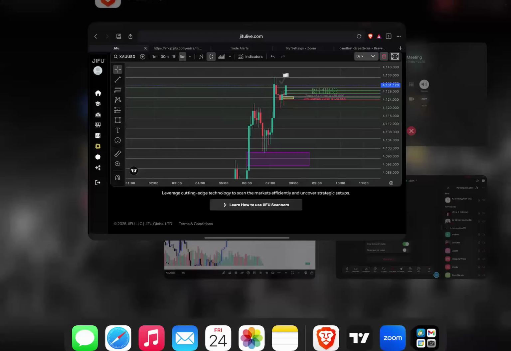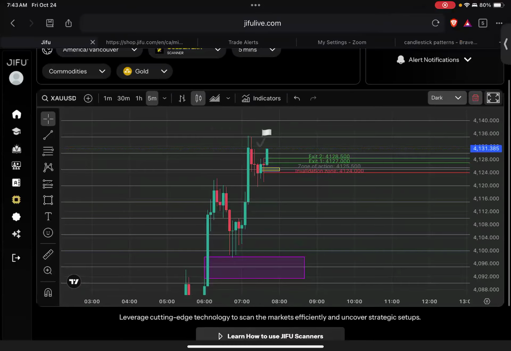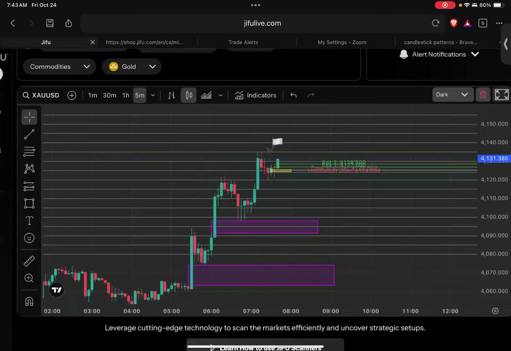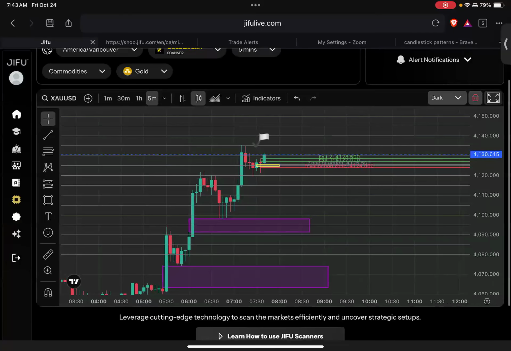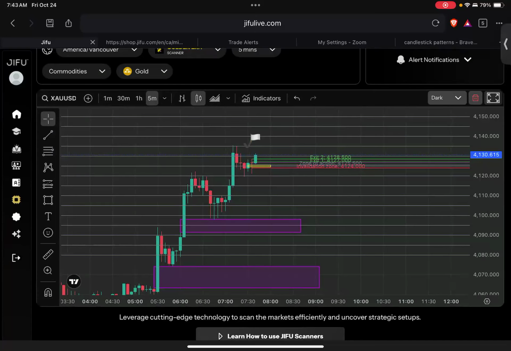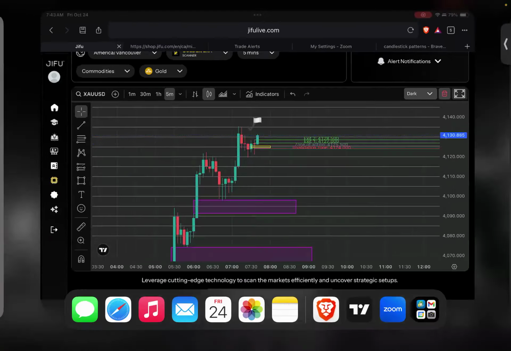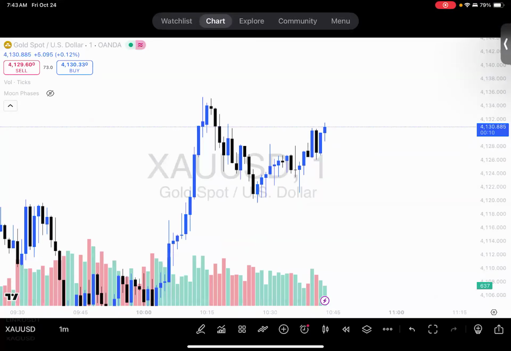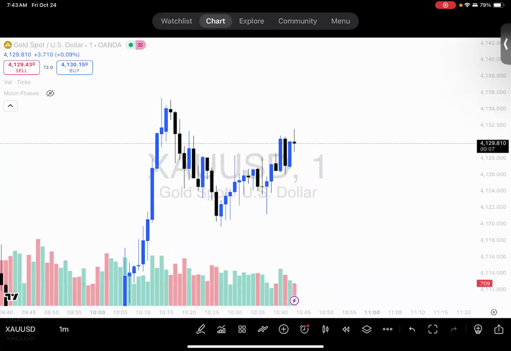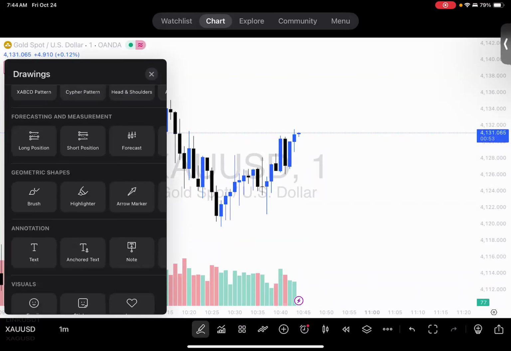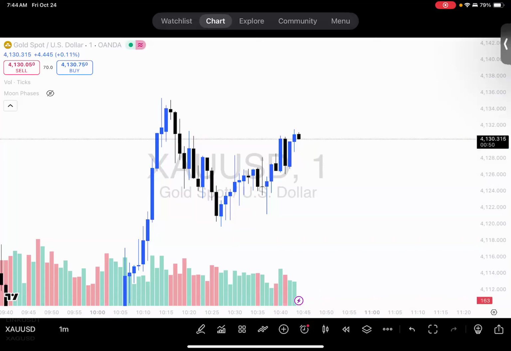All right, let's see what's happening here. This market is continuing to push higher. One of these candlestick patterns I want to show you guys is right here.